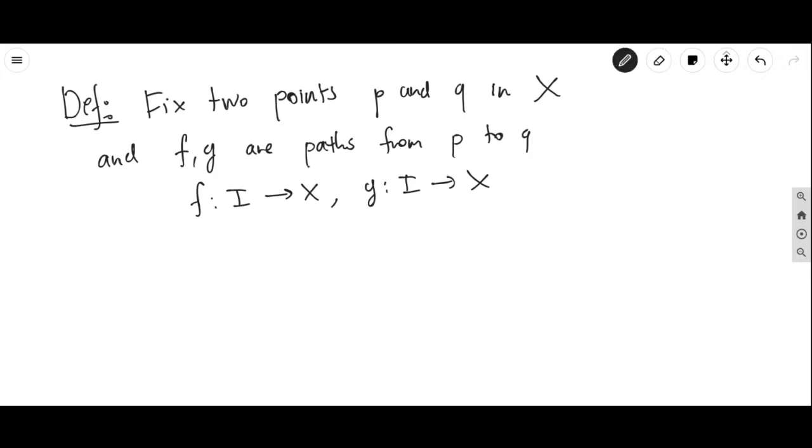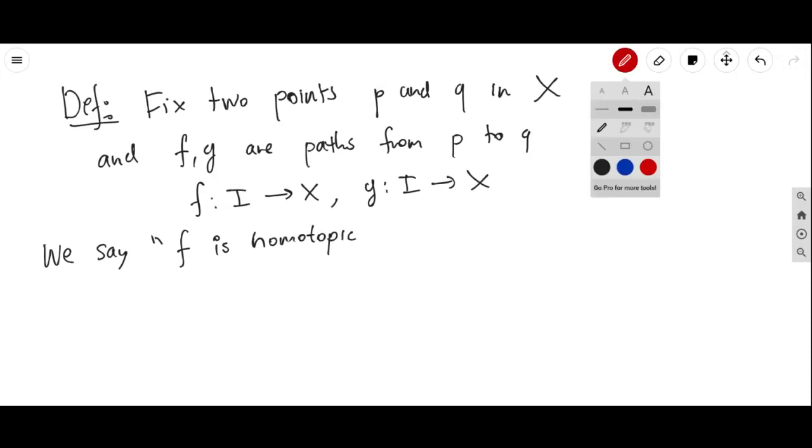So we say F is homotopic. Actually, I think it probably makes sense to say path homotopic. Later on, we will discuss what is known as space homotopic. You can talk about spaces being homotopic, but for now we're talking about paths being homotopic.